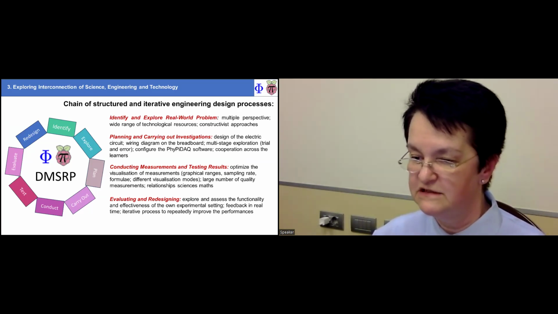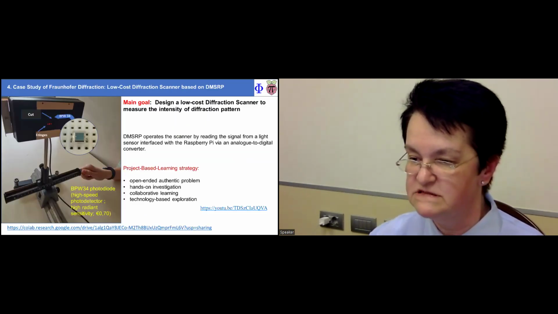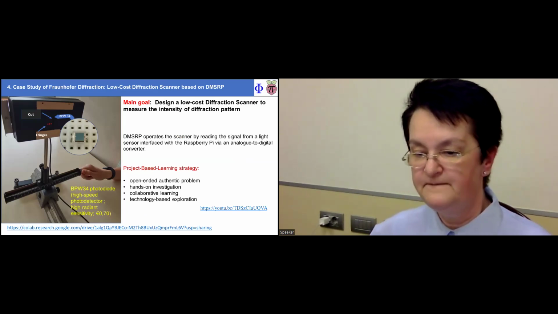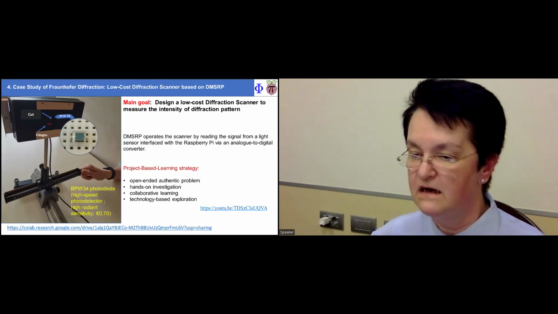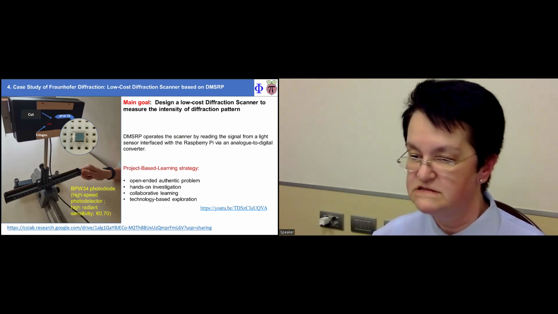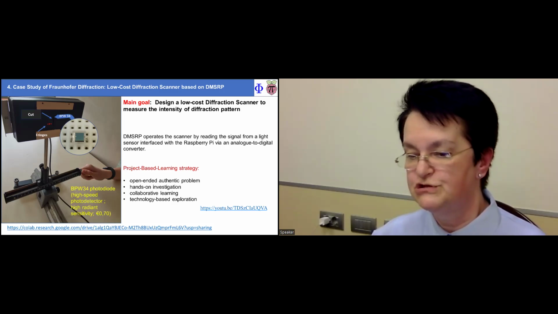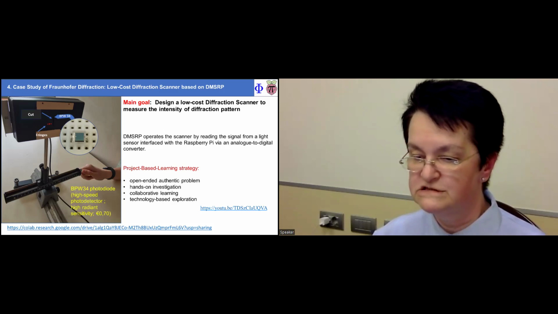I shall not stay too much on this slide because I want to show the interesting things here. So for instance, here, the students use the DMS-RP to design their low-cost diffraction scanner to measure the intensity of a diffraction pattern, which was generated as a project-based learning strategy with an open and authentic problem.